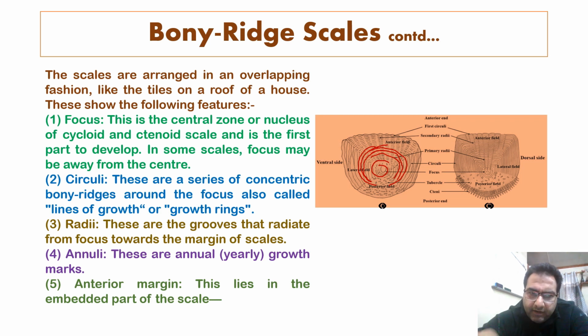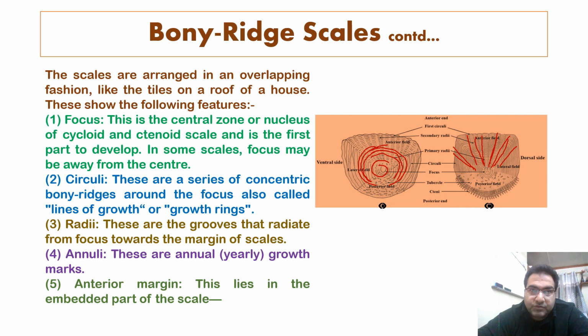And thirdly, we have the radii. These are the grooves that radiate from the focus toward the margin of the scales. Right from the focus toward the margin of the scales, some lines radiate and form grooves. We call them the radii. Then one important thing is the annuli, the annual growth marks.